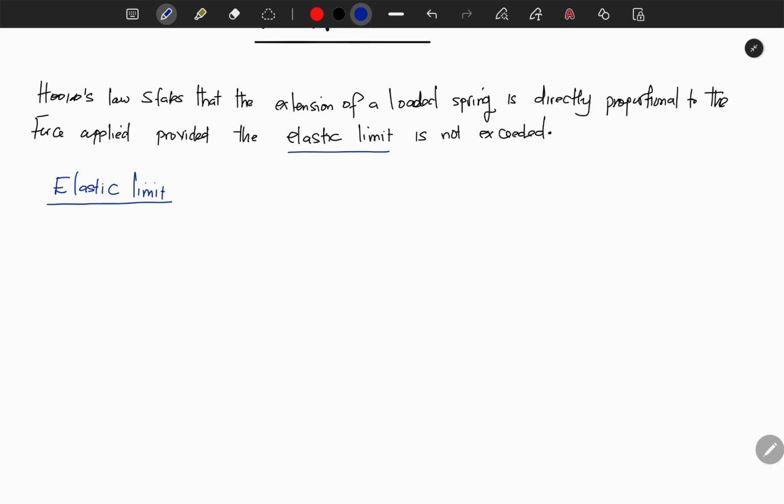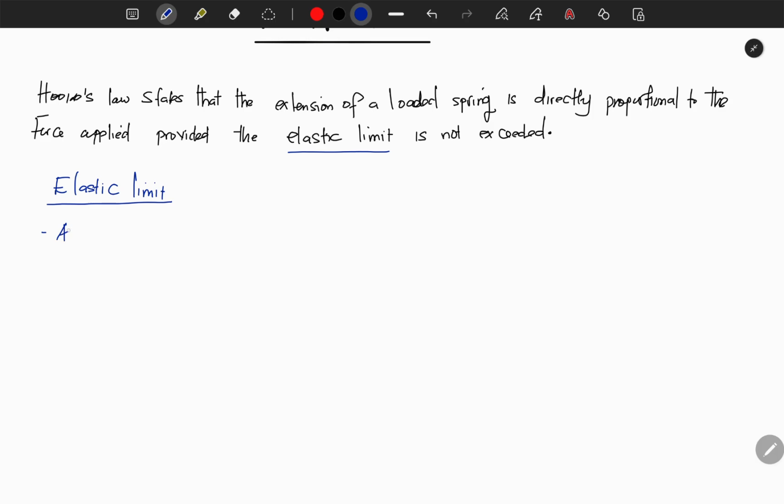So the elastic limit is the maximum stress. When you say stress, we mean force per unit area or pressure. A material can experience without undergoing what? Permanent deformation.